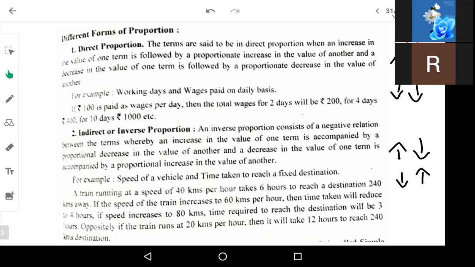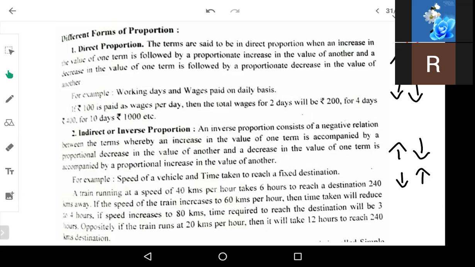If the number of days he is working increases, the wages he gets will also increase. If 100 rupees is paid per day, then the total for 2 days is 200, 4 days 400, 10 days 1000. Number of days are increasing, his salary is also increasing.